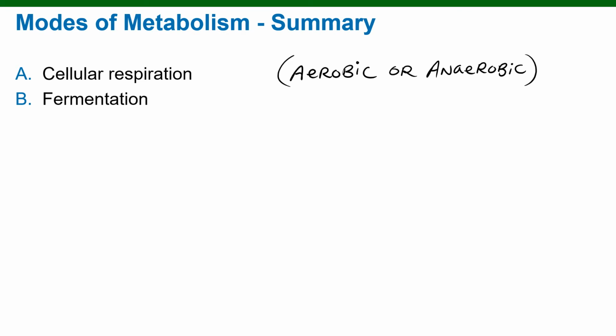And although they contain oxygen, they are not O2, and so they're classified as forms of anaerobic respiration. Alternatively, another type of metabolism is fermentation, and fermentation is also anaerobic, but it's not respiration. Technically speaking, it is a different type of metabolism altogether.